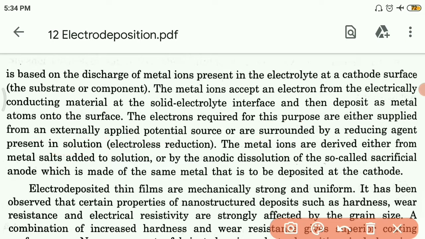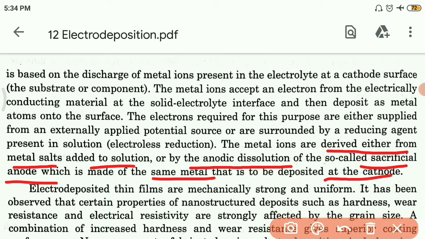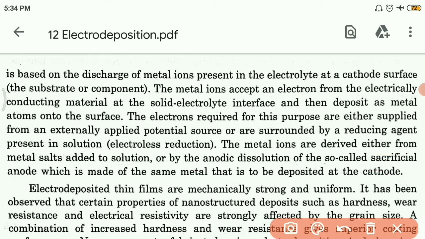Okay, the metal ions are then derived either from the metal salts which are added to the solution, or by anodic dissolution of the so-called sacrificial anode, which is made up of the same metal that is to be deposited as the cathode.